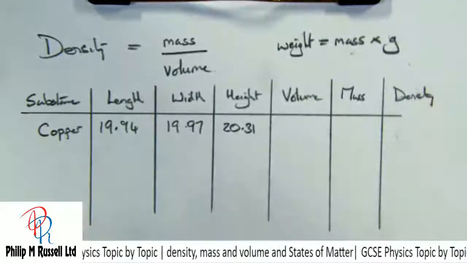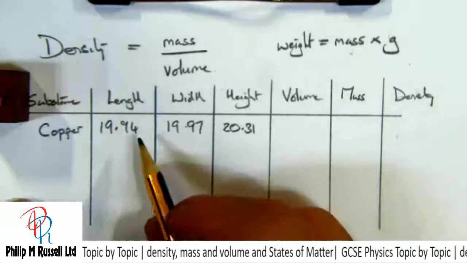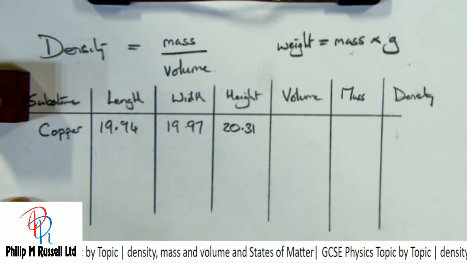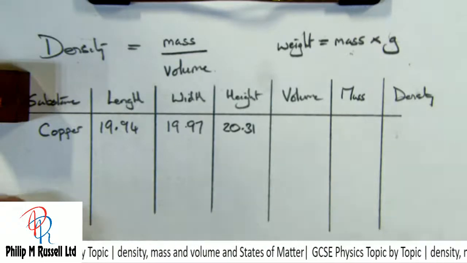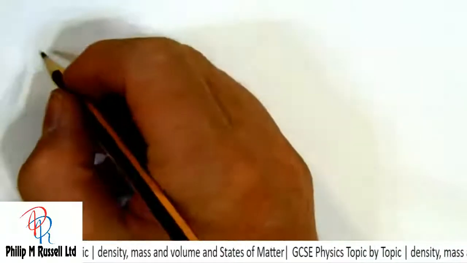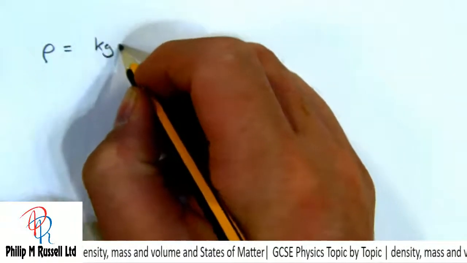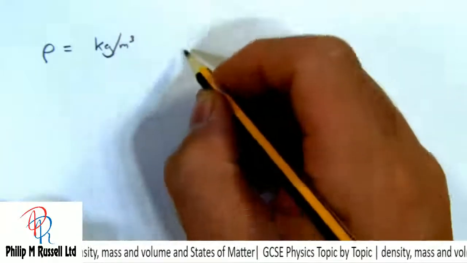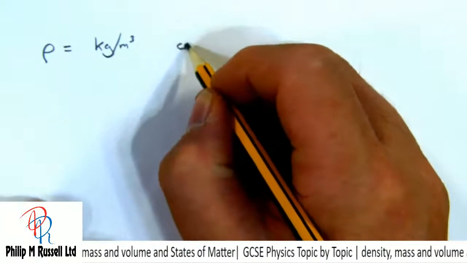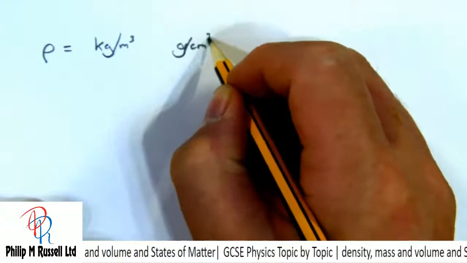So let's just put that out of the way. Now I've got my piece of copper. We want to measure this in something sensible. Now, many times when we measure density, we actually measure density in kilograms per meter cubed, but we can just as easily measure this in grams per centimeter cubed.